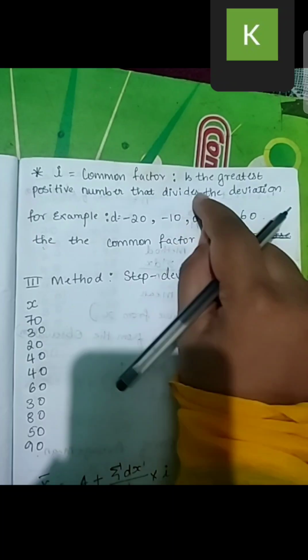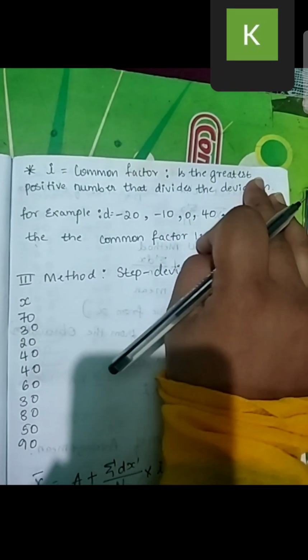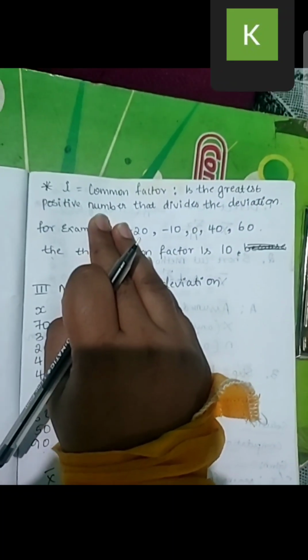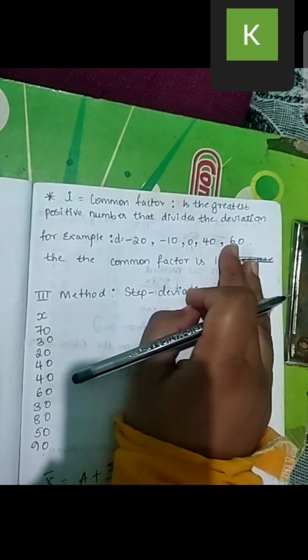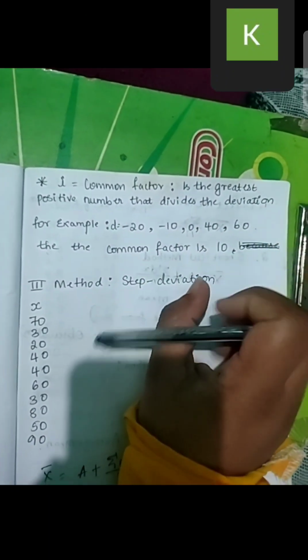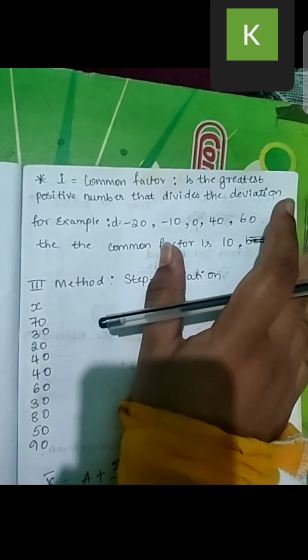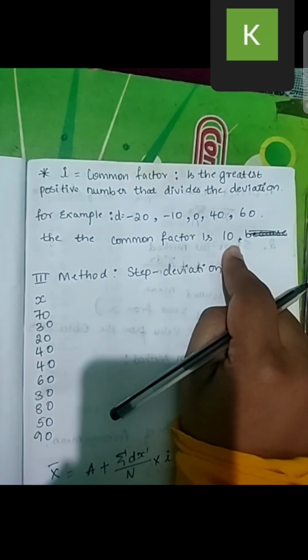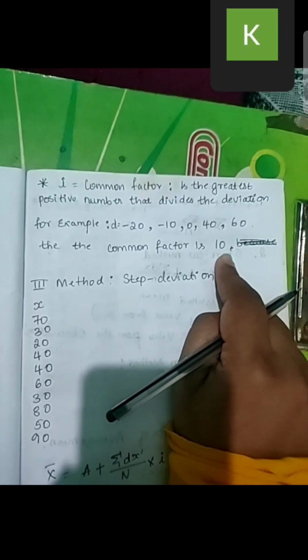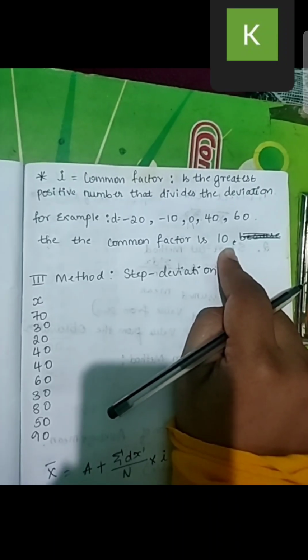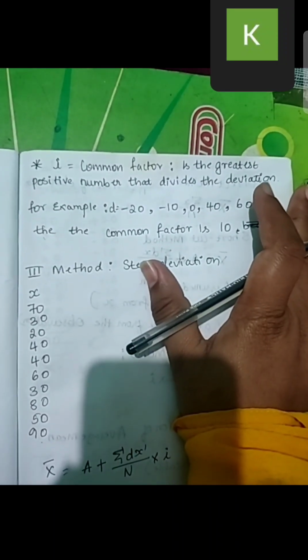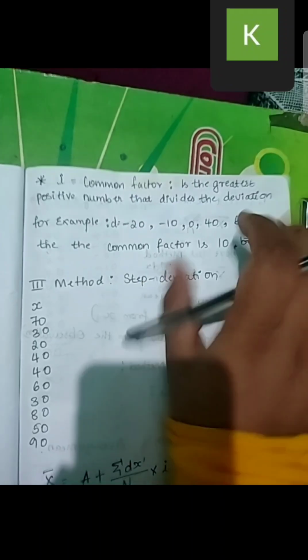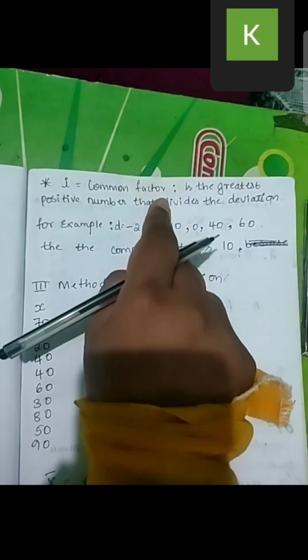Now what is the common factor? That is the greatest positive number which divides the deviation. Most commonly in all the sums you can see the common factor being 10. I stands for common factor.